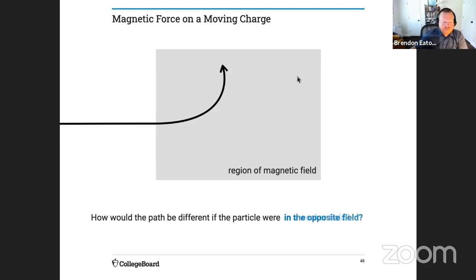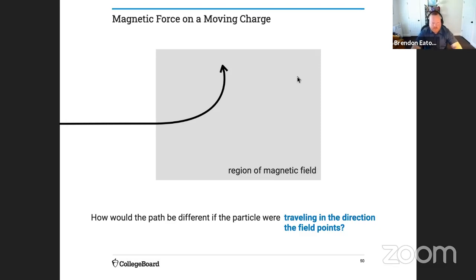How about an opposite direction field? So as long as everything else was still the same, if the field was in the opposite direction, your curve would not go up, it would go down. All right, what about traveling in the direction the field points?